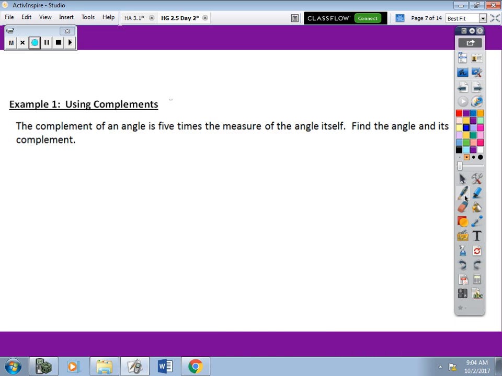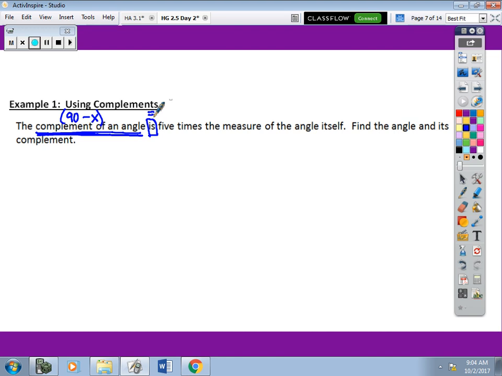All right, sample one, using complements. The complement of an angle. So as soon as you see complement of an angle, you're going to write out the expression that we defined to be the complement. 90 minus x. The word is is going to represent an equal sign.